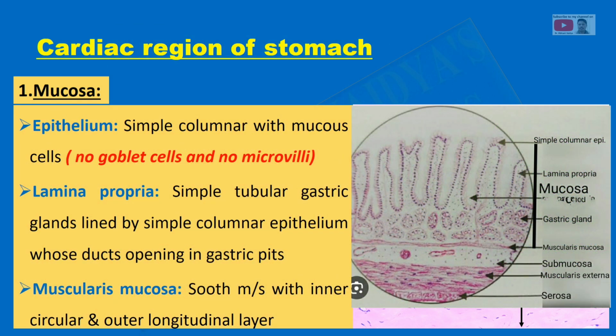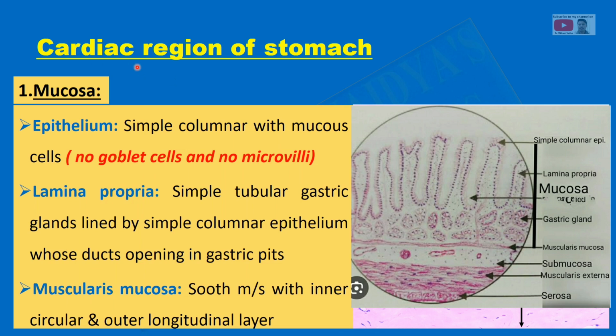Now first we are going to discuss the histology of the cardiac region of the stomach. As we have already discussed, the stomach has the cardiac region, fundic region, body and the pyloric region.